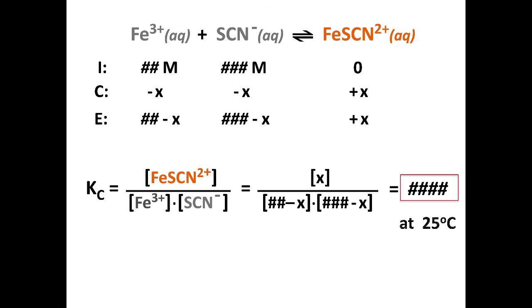Make an average. Recall that we need to report not just the equation and the K sub C value, but also the temperature at which this happens. And that is it. So that will be your conclusion for this reaction. The K sub C value is whatever you find at 25 degrees Celsius.